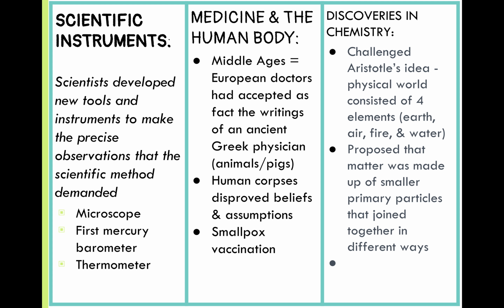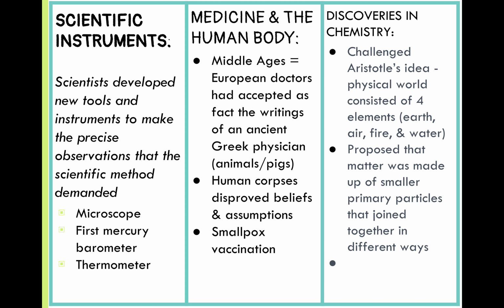They never dissected a human before until this time. So they started dissecting and doing autopsies on human corpses, and they disproved a lot of these beliefs and assumptions. They started being able to record and observe new ways that the human body worked and make new advances in medicine. One of the biggest things to come out of this time period was also the first vaccination.